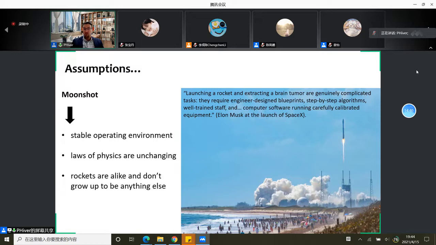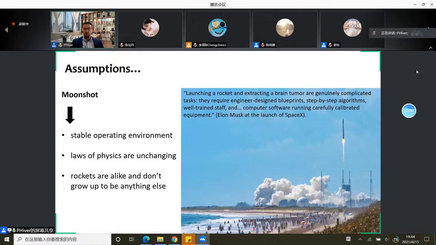And engineers also assume that the laws of physics don't change. So when they calculate the amount of fuel, for example, to provide thrust for the rocket, those rules won't change in real time. And everyone, the spectators and the engineers alike, they all know that rockets are designed for a specific purpose, and they behave the same way every time you use them.